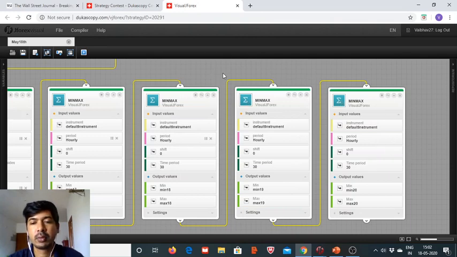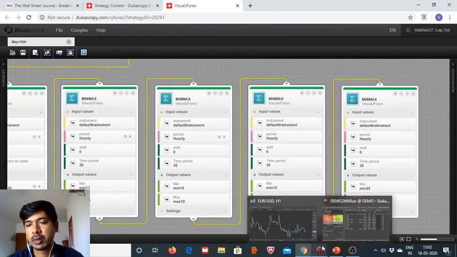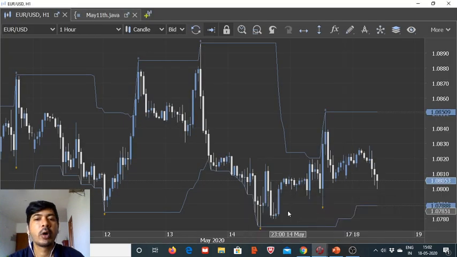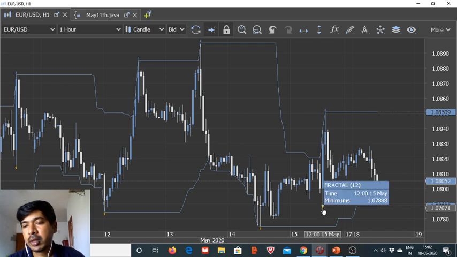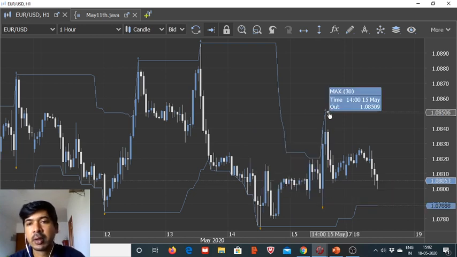And now we want, not all fractals should be counted. Now as you can see, we want the trading to happen only when a fresh maxima and minima has been made.